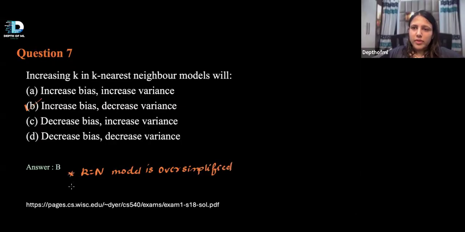This is a very simplified model, and also the bias is high and variance is very low, approximately equal to 0, or it will be 0, because you will get the same predictions for every data point.